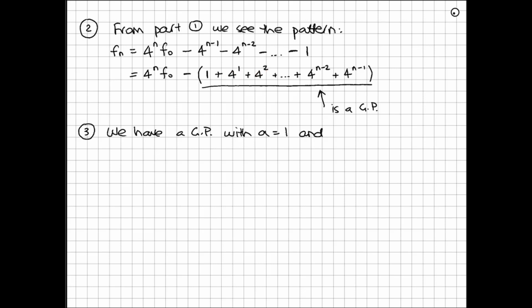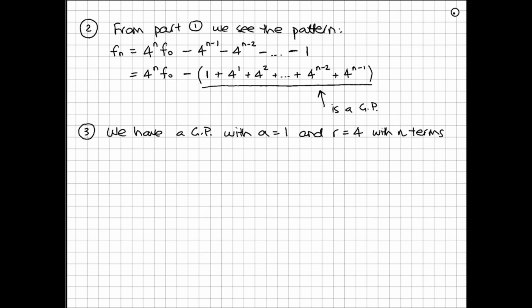We're always having this common ratio of 4. We've also got n terms, because even though we only go up to 4 to the n minus 1, we start with 4 to the 0, or just 1. So it's 1, 2, 3, and so on, all the way up to n terms.